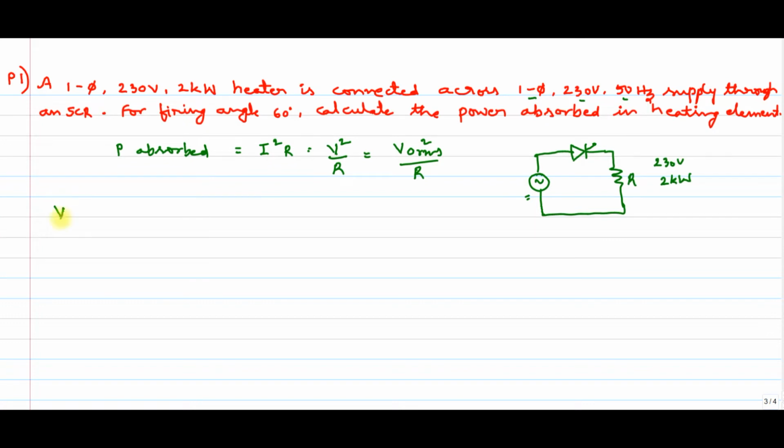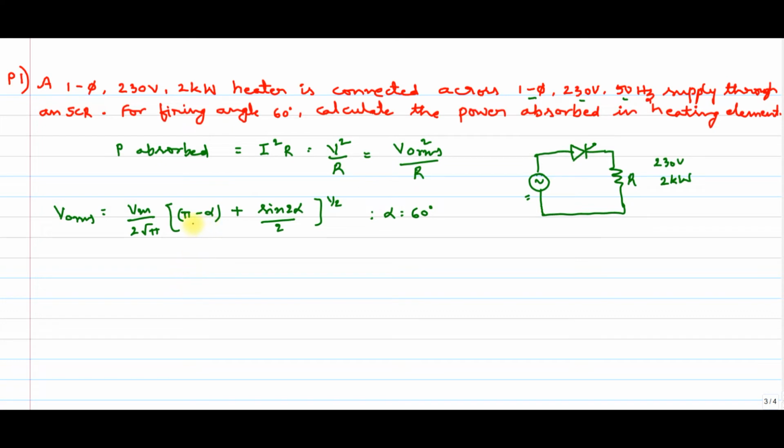Vo RMS is equal to Vm by 2 root pi into (pi minus alpha plus sine 2 alpha by 2) whole power 1 by 2. And here alpha has been given as 60 degree. So here we have to see one point carefully.